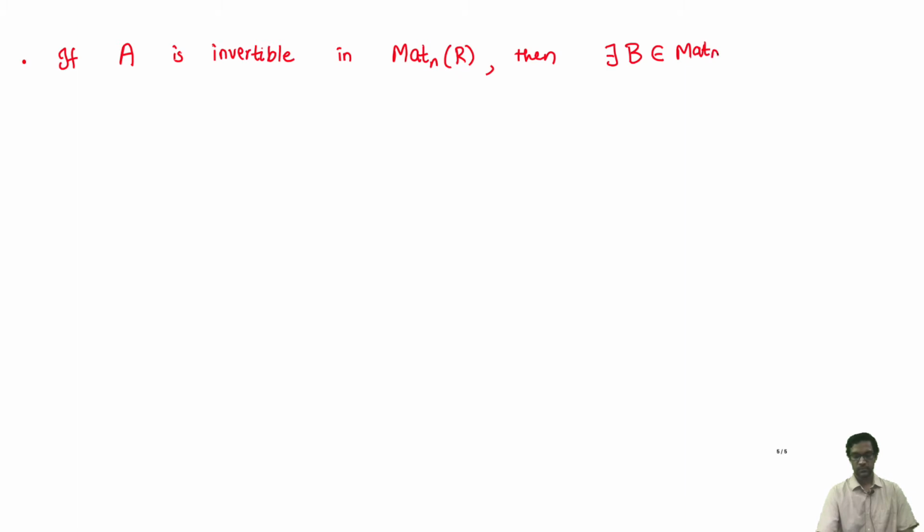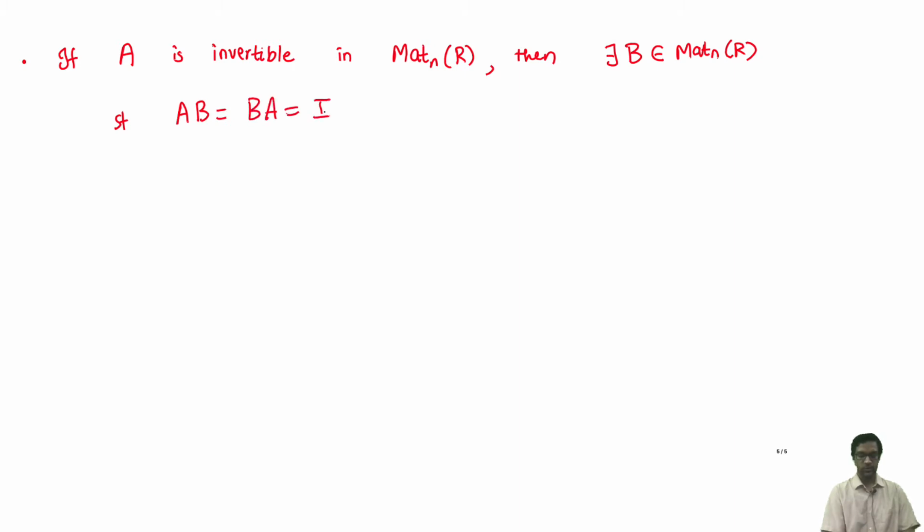First observe that if A is invertible, which is the easier half of the implication, in the matrix ring, what does that mean? There exists a matrix B such that AB equals BA equals identity.